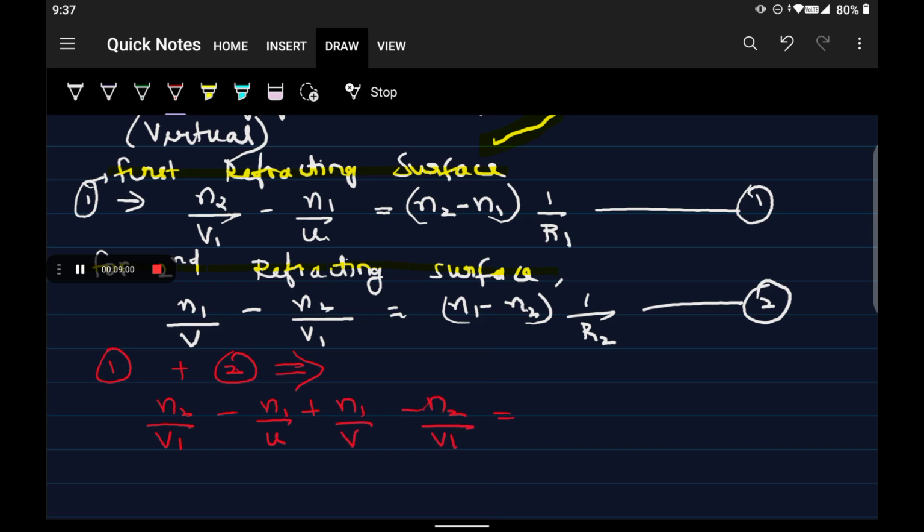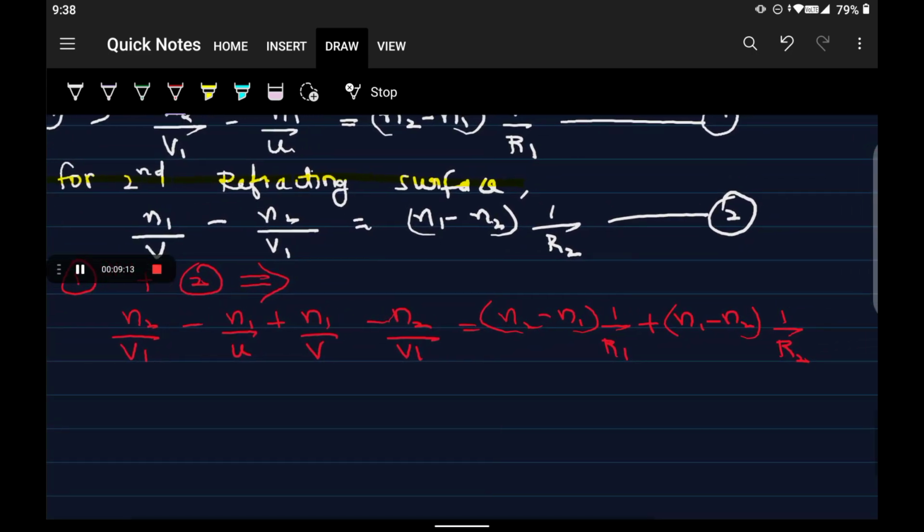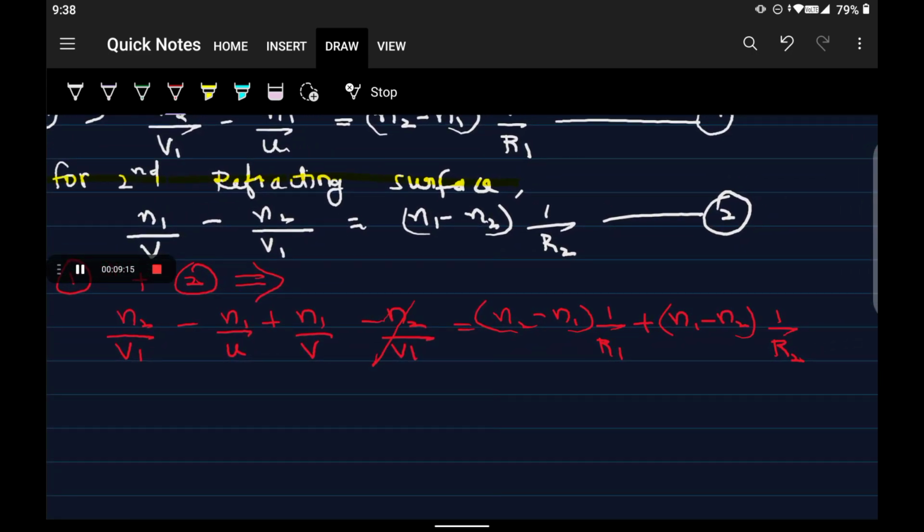On the right hand side, it is N2 minus N1 into 1 by R1 plus N1 minus N2 into 1 divided by R2. Here you can see that N2 by V1 and N2 by V1 get cancelled. So you will be getting N1 divided by V minus N1 divided by U.